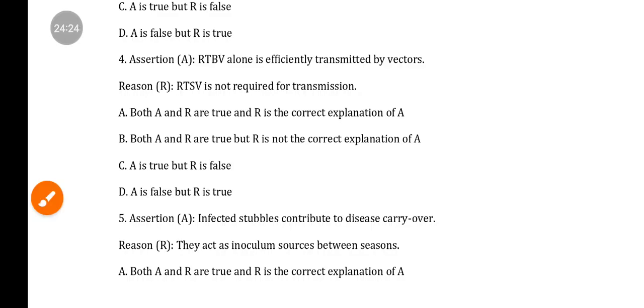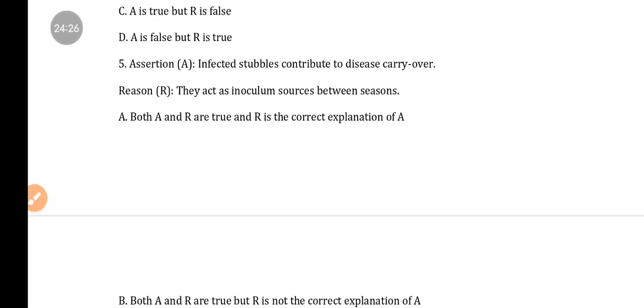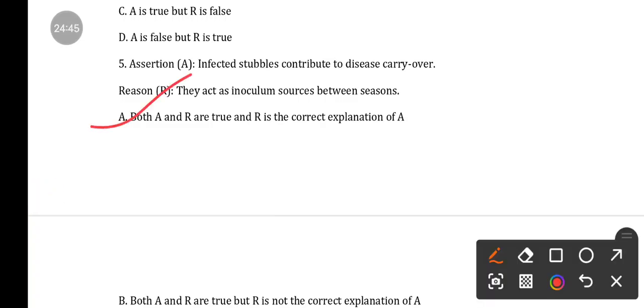Then question number 5, assertion: infected stubble contributes to disease carry over. Yeah, this is true. The reason is they act as inoculum source between seasons. This is true. So both A and R are correct and R correctly explains A.